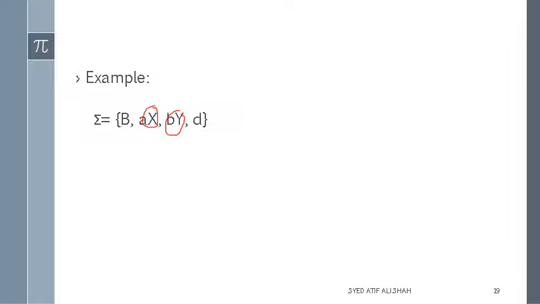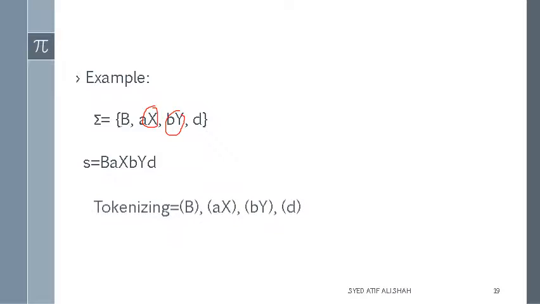So we have four letters over here. Let's take string S. S contains b, a, x, b, y, d. If we tokenize them, we will have b, this is the first letter, then ax, the second letter, then by, the third letter, and d, the fourth letter. So it means the length of string S is equal to 4.